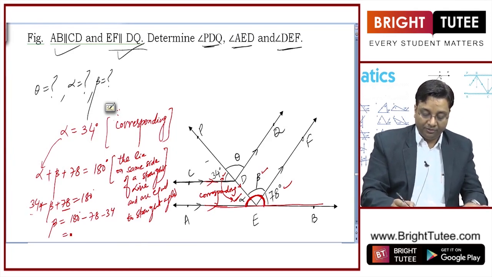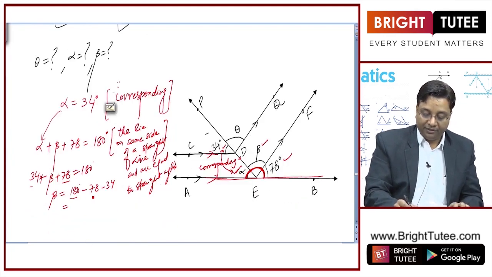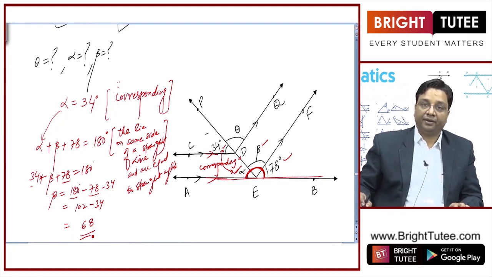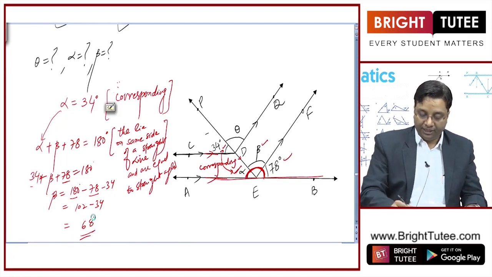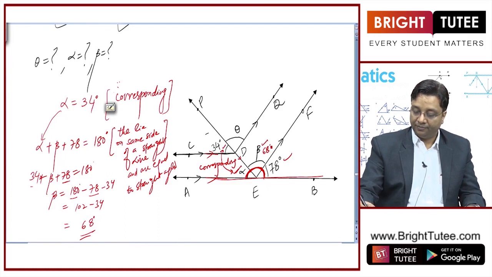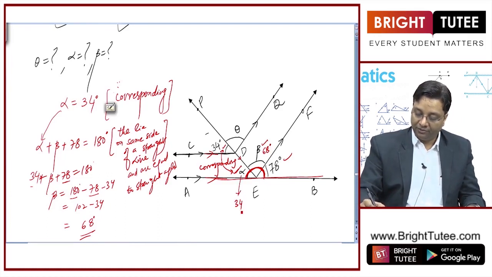If I subtract 180 minus 78, it will give me 102, and 102 minus 34 will give me 68, right? So beta is 68 degrees. So I got beta equal to 68 degrees, alpha equal to 34 degrees.